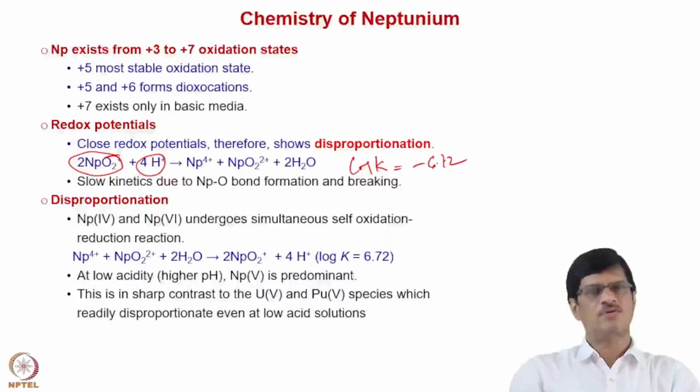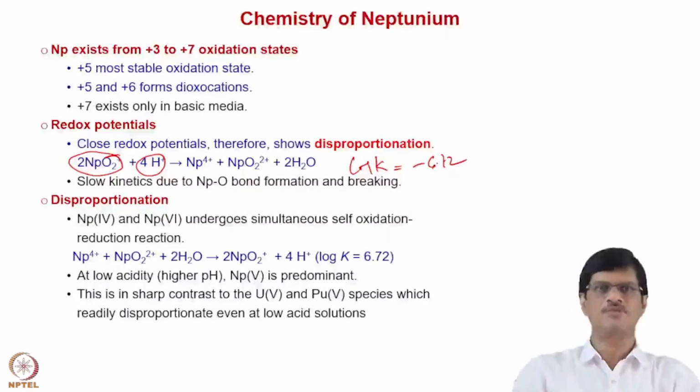In one case, one of the NpO2+ ions is getting converted to NpO2 2+. This is not a slow process, but the NpO2+ ion converted to Np4+ is a slow process because neptunium-oxygen bond breaking is involved in this case.